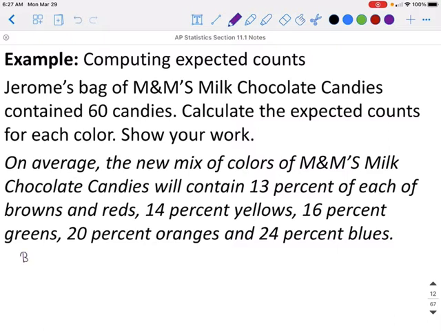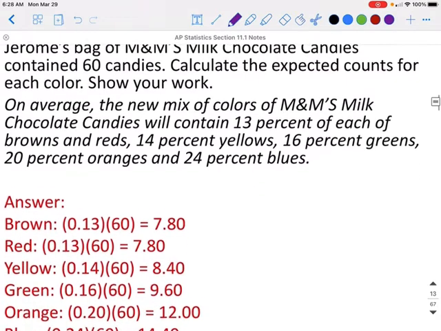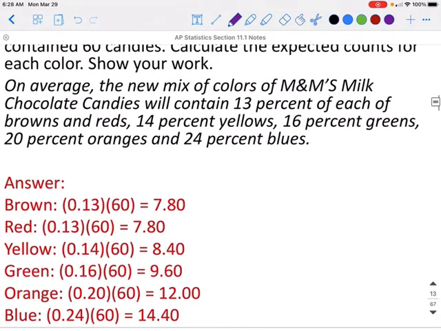If we look at brown first, we take the percent that is brown, which is 13% written as a decimal. We multiply that by the sample size, and we would expect to get 7.80 brown candies. Now we would do this for every single color, and that would tell us our expected number of candies of each color.